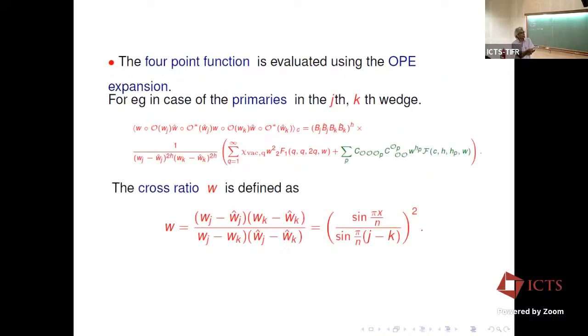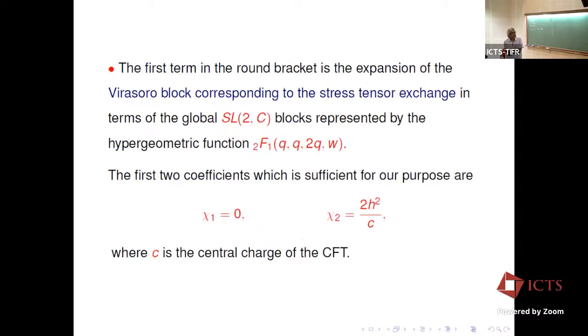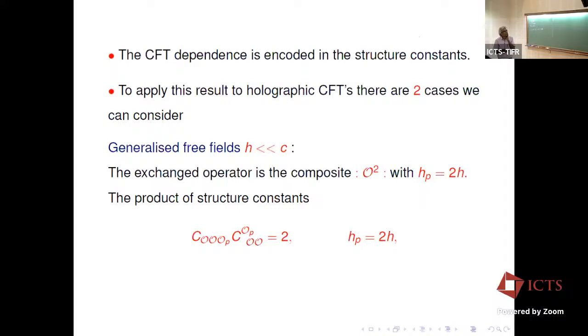The CFT dependence is here, for instance, in the structure constants, right? If you're looking for holographic CFTs, something we want to reproduce in holography, you can look at two cases. Look at generalized free fields, in which the weight of the operator is much smaller than c. That is one example.